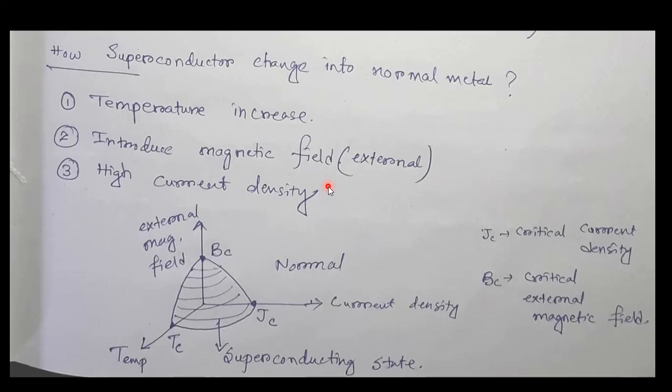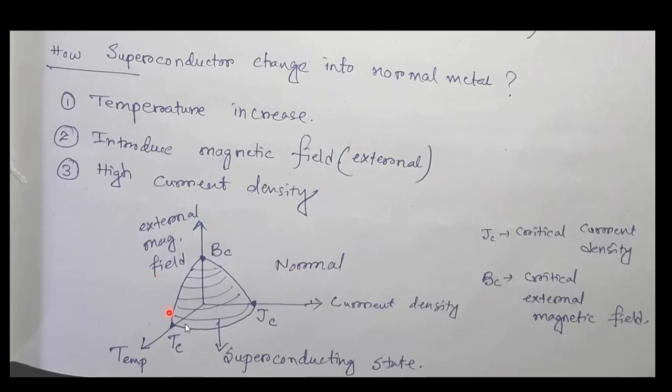So there are three phenomena which can destroy the superconductor, or convert the superconductor to the normal metal. These three things are the temperature, the external magnetic field, and the current density.